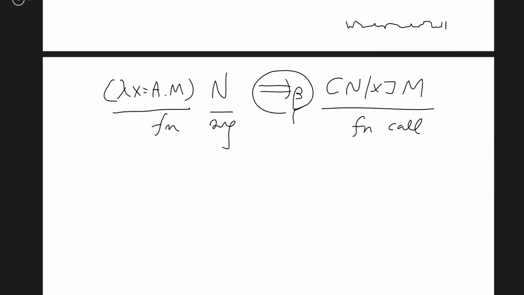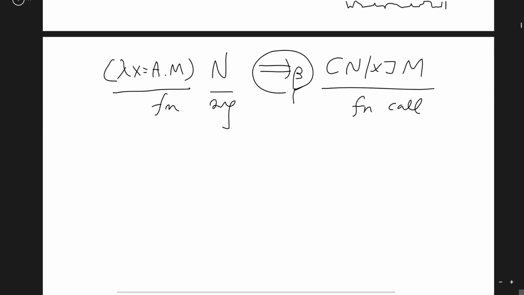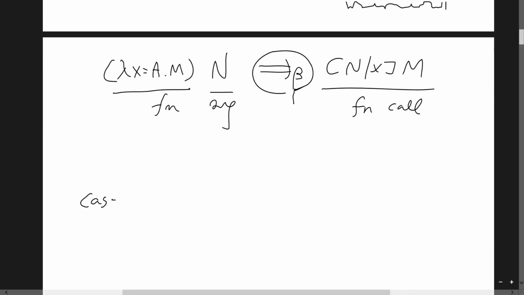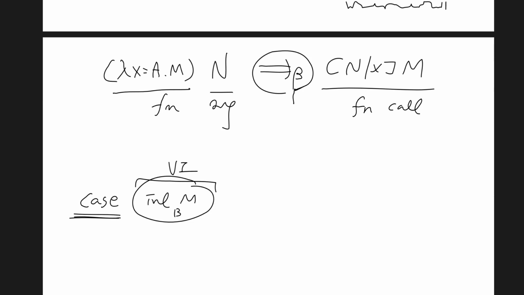And similarly, we can obtain the beta reduction for case term. Suppose that you have some injection left M. So this is basically the result of applying the disjunction introduction rule. And this case term is basically the result of applying the disjunction elimination rule.